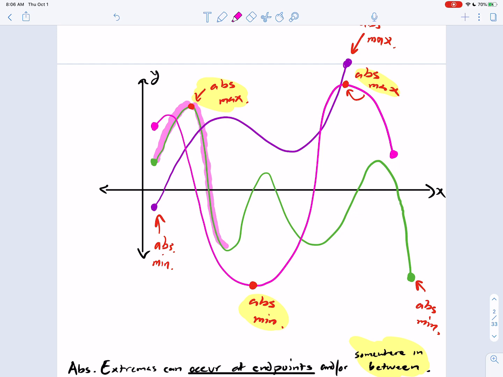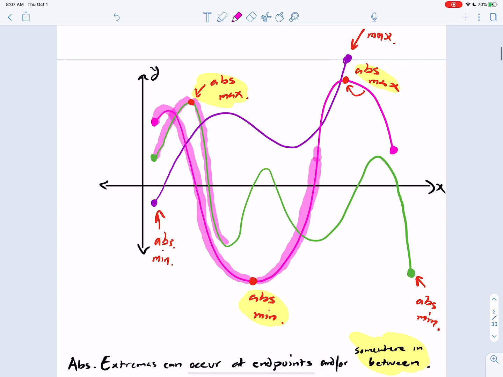Same thing right here with this pink graph. The pink graph starts to increase, then decrease. But then the moment it changes directions here to increase, it had an absolute extrema there. As well as increasing here and then decreasing afterwards. So notice how an absolute max doesn't just occur like right here. Not in the middle of nowhere, right? Happens to be right where we change directions.